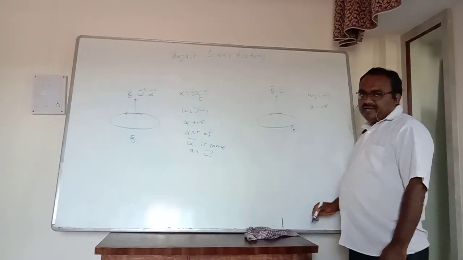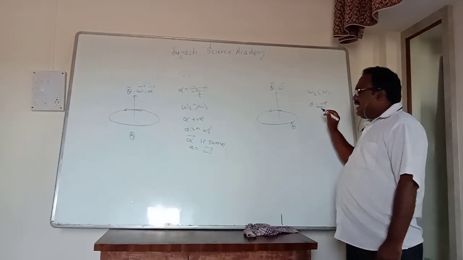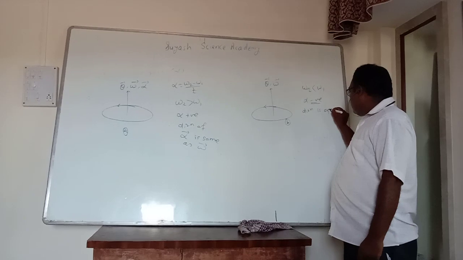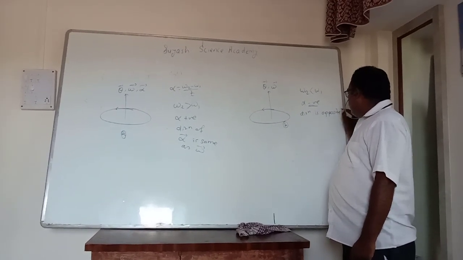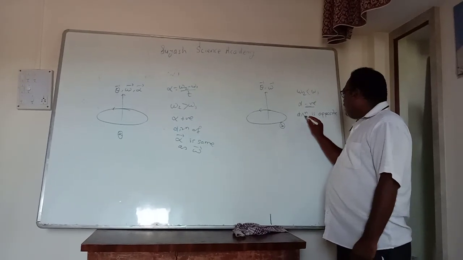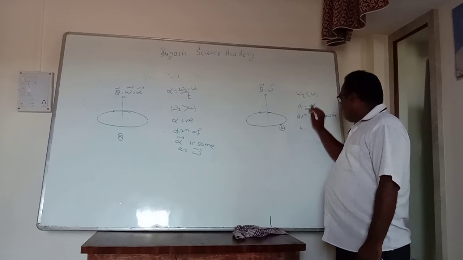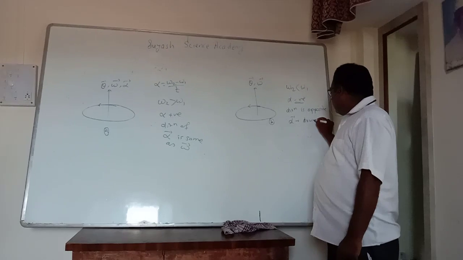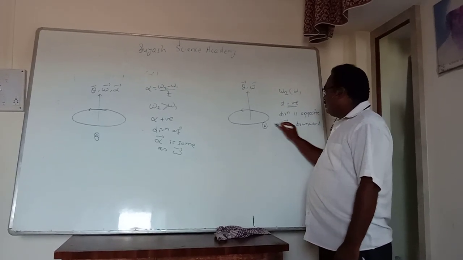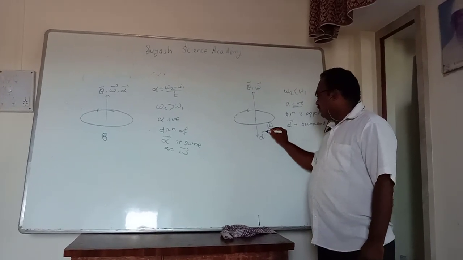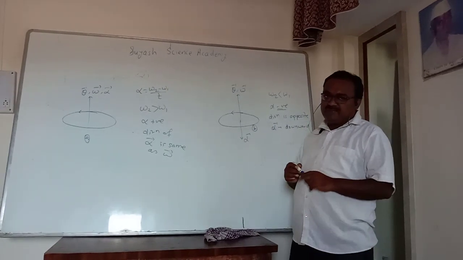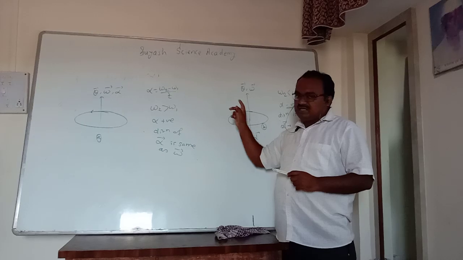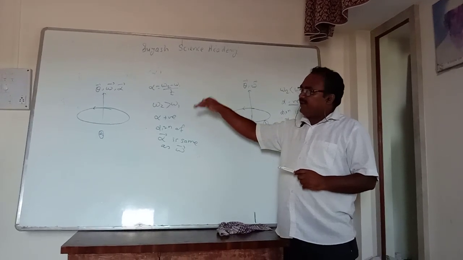The negative sign shows the direction is opposite, so alpha bar will be in the downward direction, opposite to omega bar. In case A and case B the direction of rotation is the same, anticlockwise, therefore theta bar and omega bar are in the upward direction.